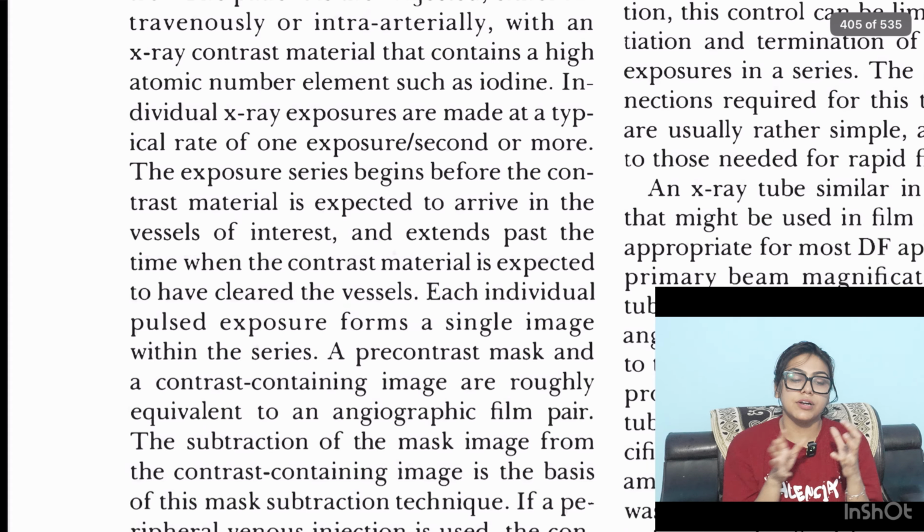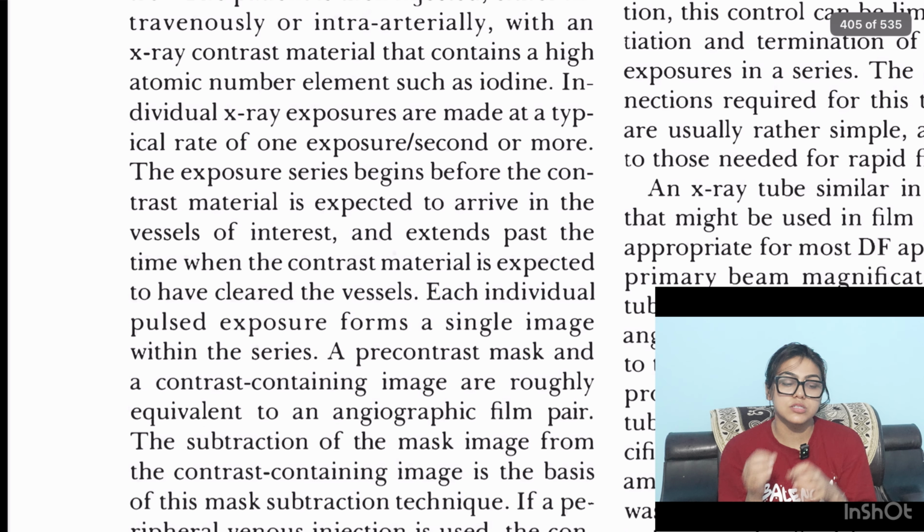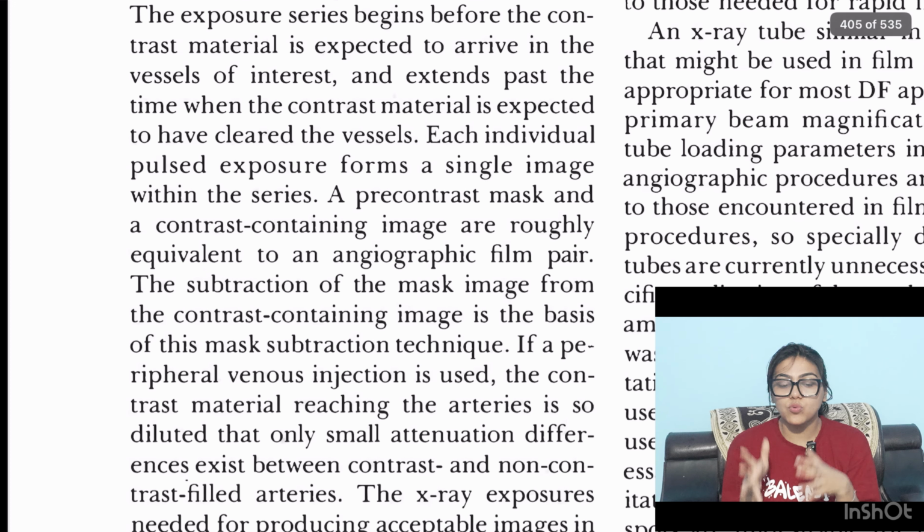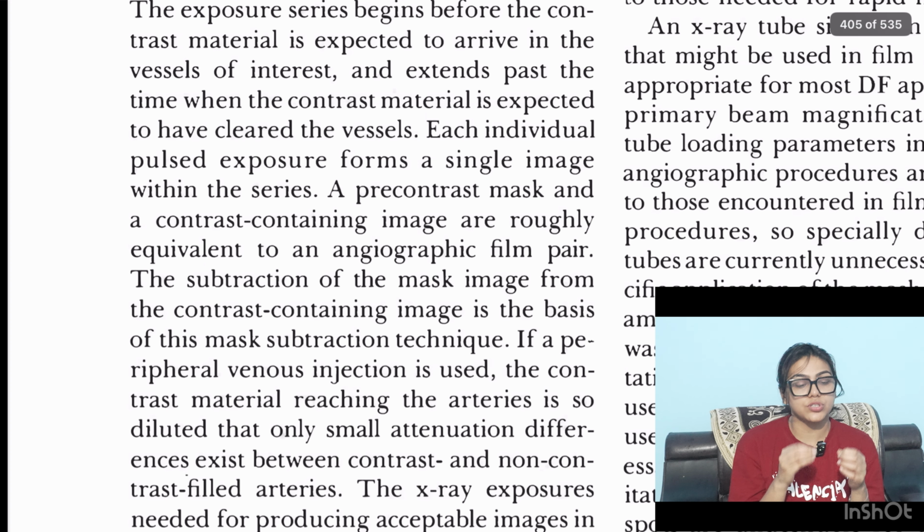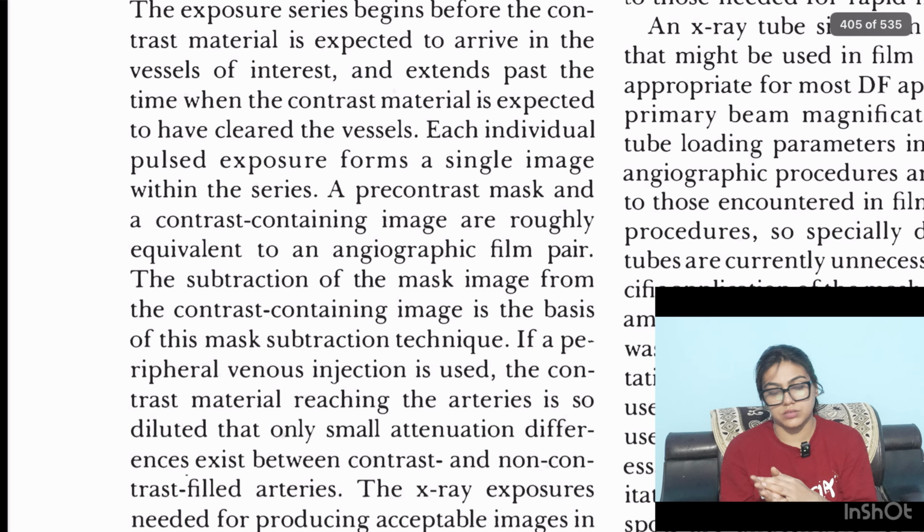Suppose a peripheral venous injection is used. The contrast material reaching the arteries is so diluted that only small attenuation differences exist between the contrast-filled and non-contrast-filled arteries. Then higher X-ray exposure is needed for producing acceptable images.